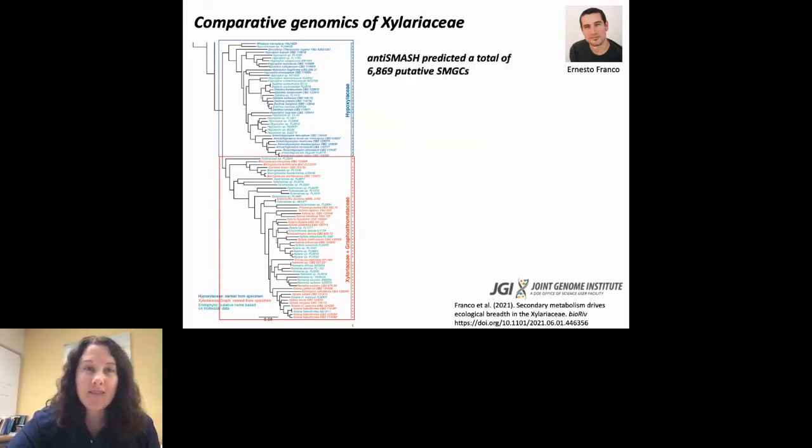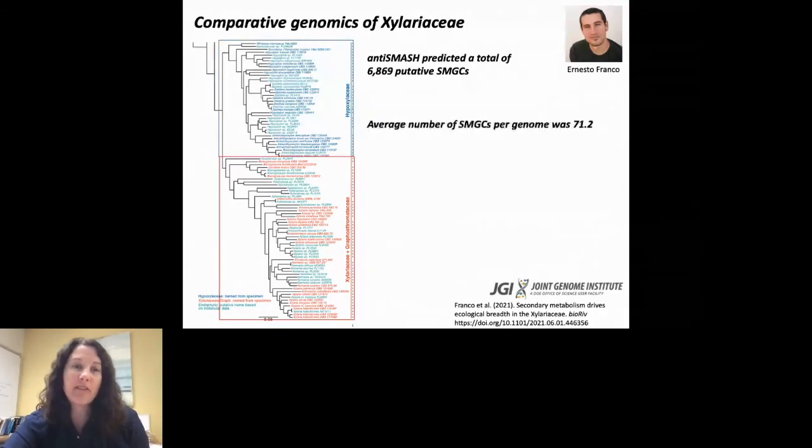Because of the high bioactivity of fungi in this group, we used antiSMASH to predict secondary metabolite gene clusters. Consistent with that high bioactivity, we found almost 7,000 putative secondary metabolite gene clusters across all of these genomes, which is considerably higher than in other groups of fungi.